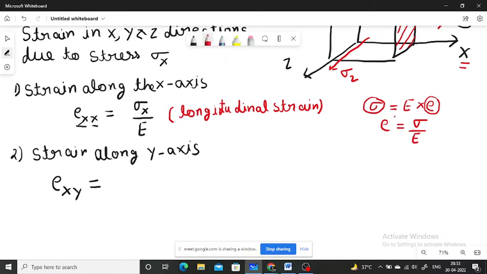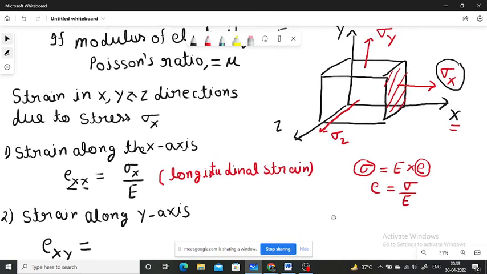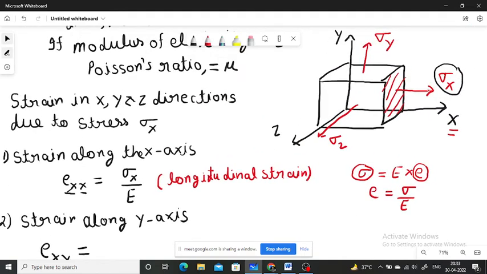the direction of the stress is in x axis. Okay, here the direction of this stress sigma x is in x axis and the y axis is perpendicular to the x axis. Now here we have to determine the strain perpendicular to the direction of the stress.